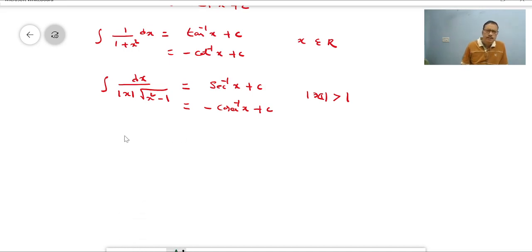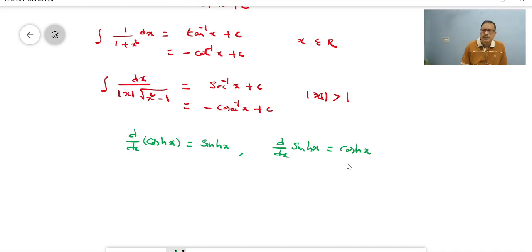Right. So d by dx of cos hx is equal to sin hx. So d by dx of sin hx is equal to cos hx.